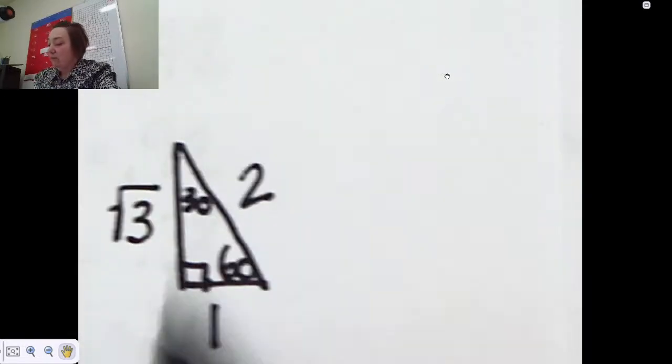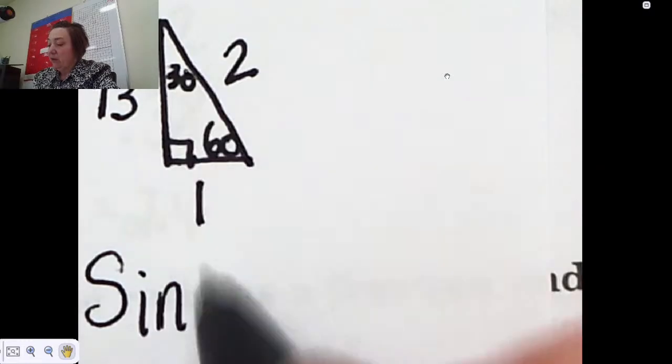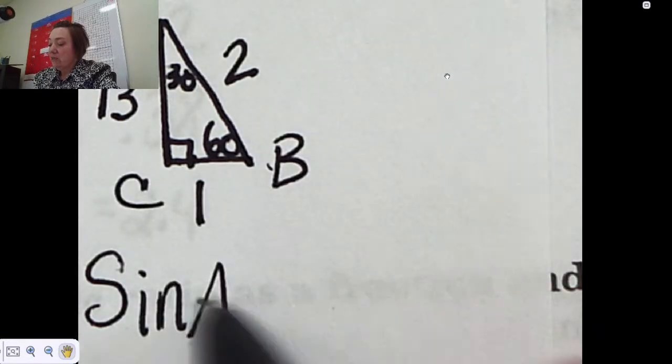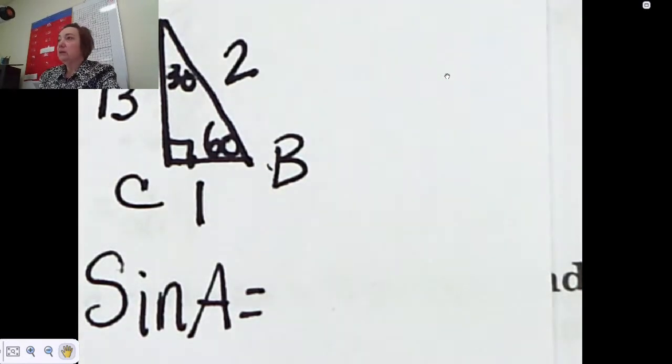Now, if we were to find the sine of that 30-degree angle, we're going to call it A. So if we were to find the sine of A, right? Sine is some old hippie. What is that? SOH. What's the O stand for? Opposite.